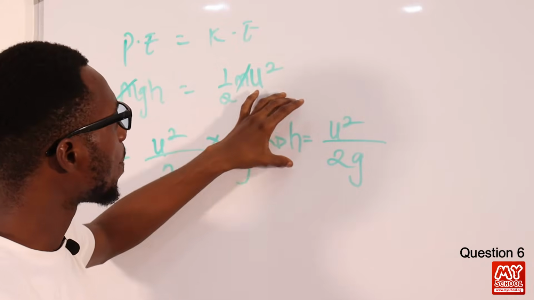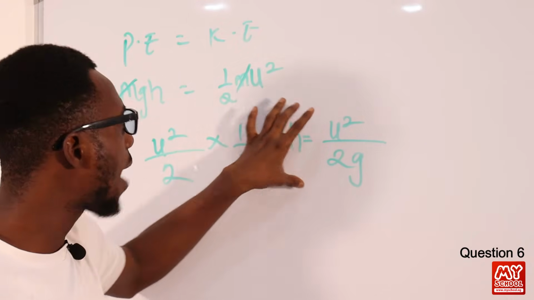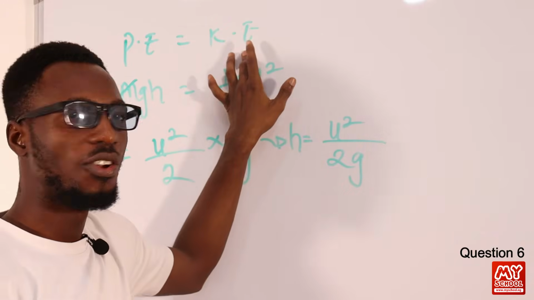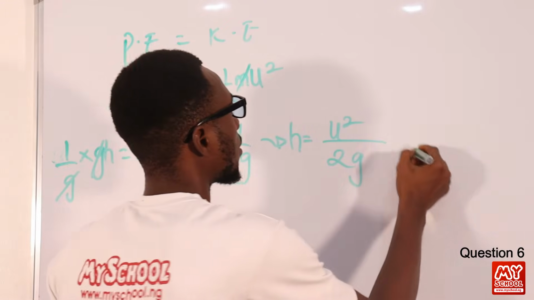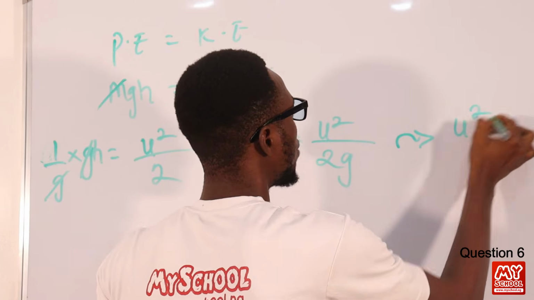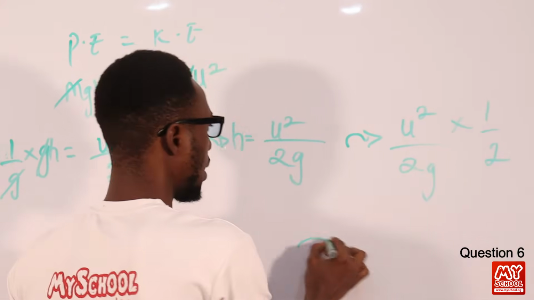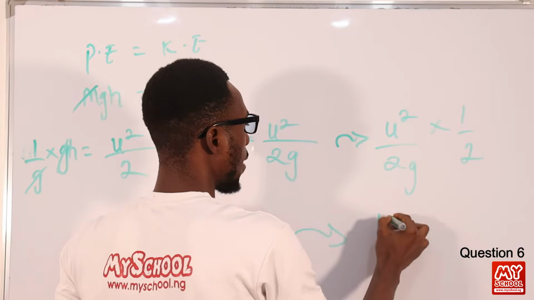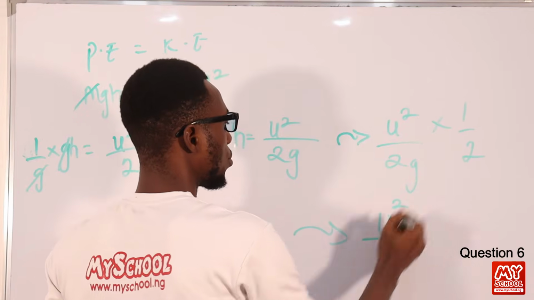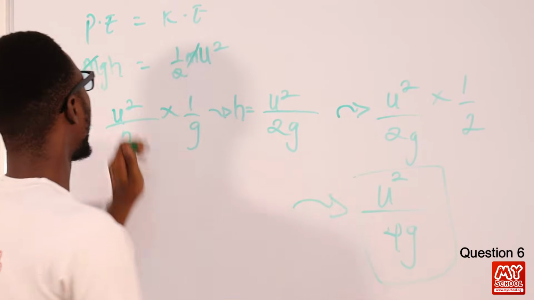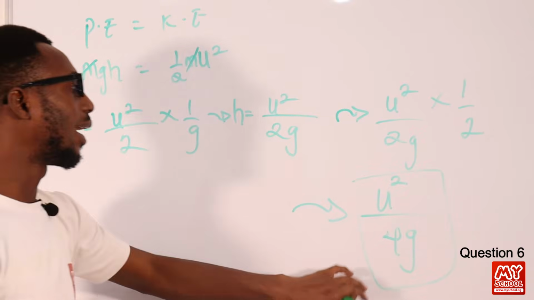So you will realize that midway, half of this height, is when this will be equal to this. So half of this will be u squared times 1 over 2, that is u squared over 2 times 2, I have 4g. So half that height is where PE equals KE.